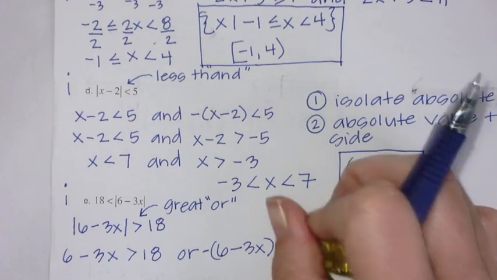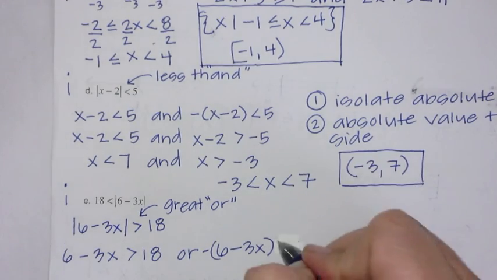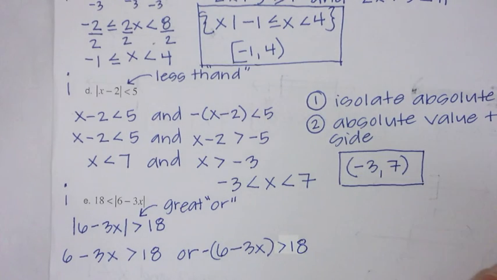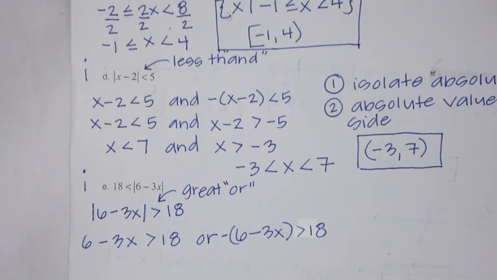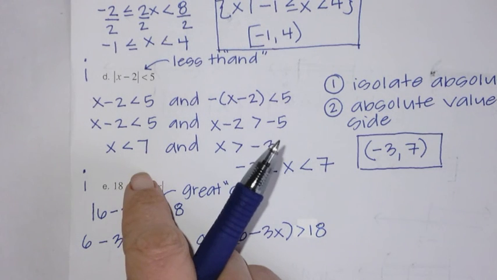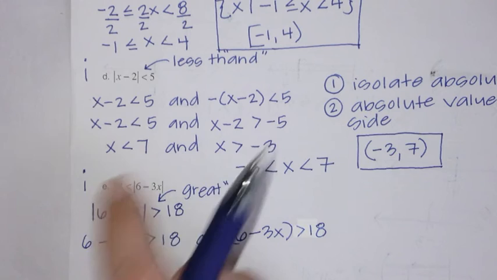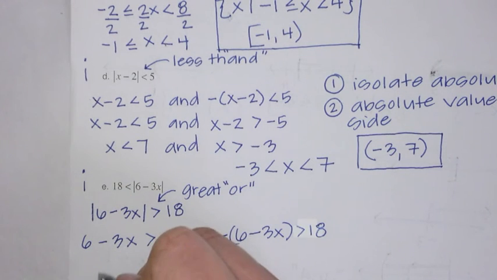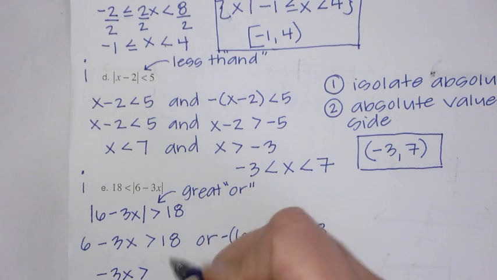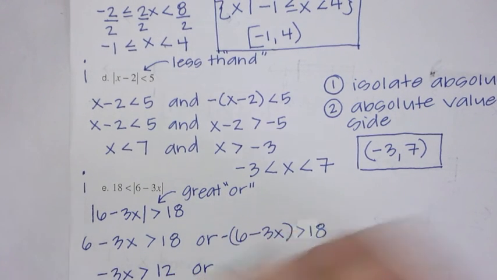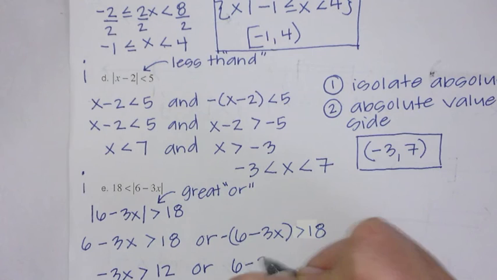than 18. Again, this is the step most students skip, but I use the definition of absolute value because I always want that tucked in your head: it's what's in the absolute value that can switch from positive to negative, not this number over here. So then this is negative 3x is greater than 12, or I'm going to divide out that negative.